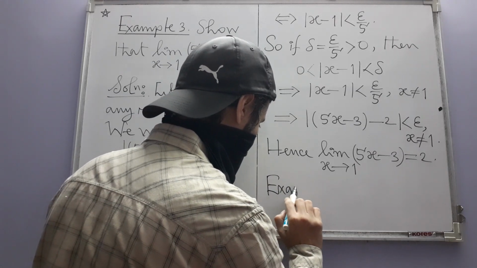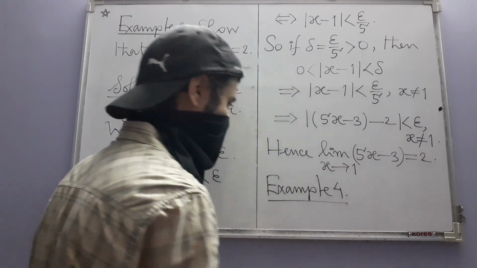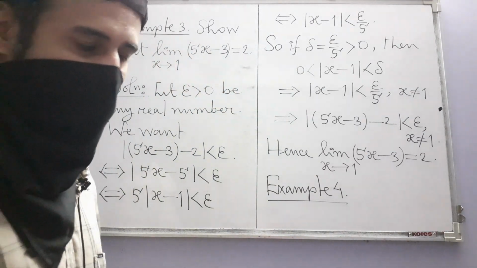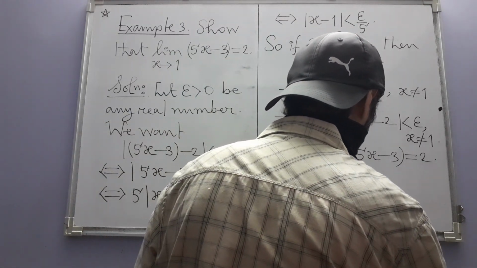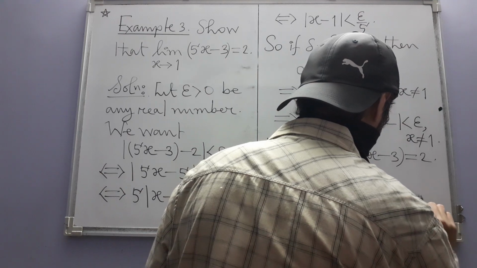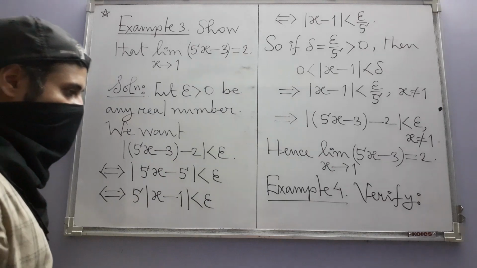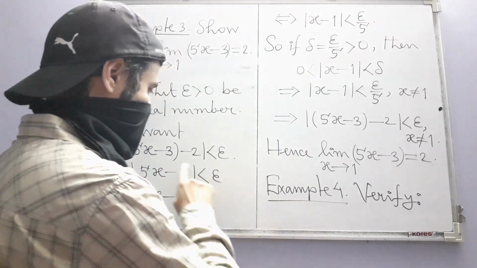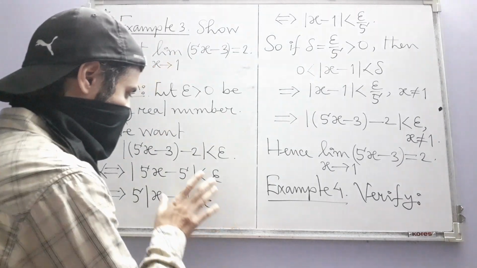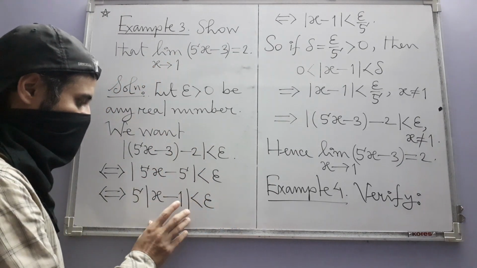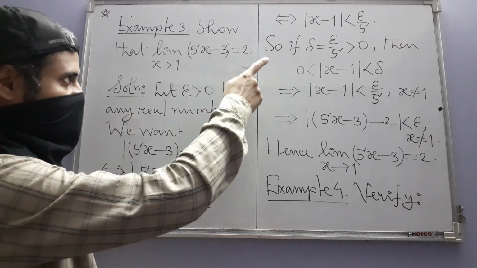In the next example, we are going to establish two important but rather trivial limits, again using our definition. You may notice one thing before I write this fourth example, that here things have been particularly easy, as if things have been arranged in such a way so that we do not have to put virtually any effort in finding delta.